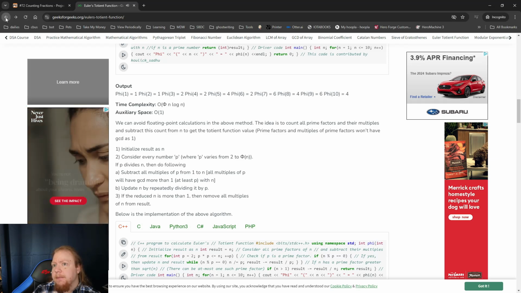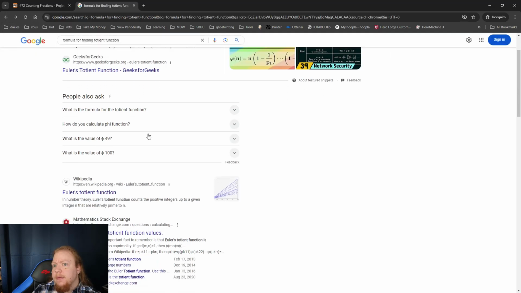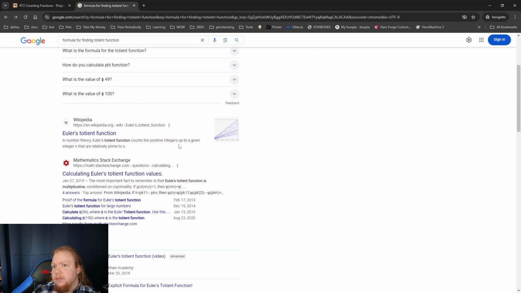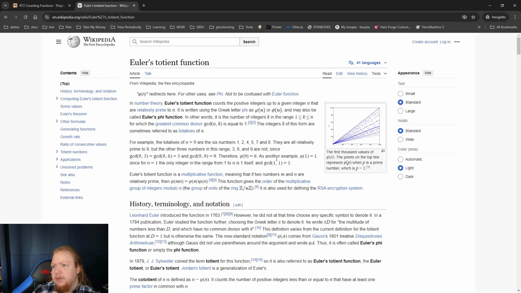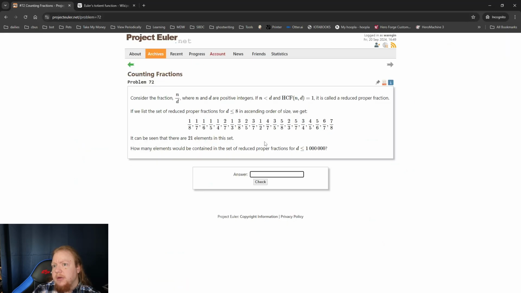So I think perhaps there's something else going on where maybe the way that I am going about getting how many elements are in this set is wrong. But that doesn't make sense to me.